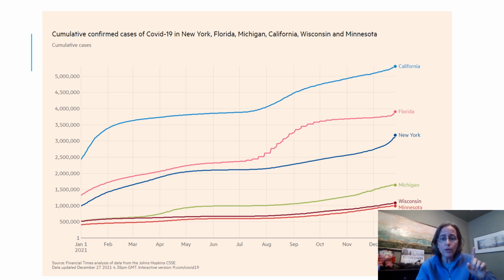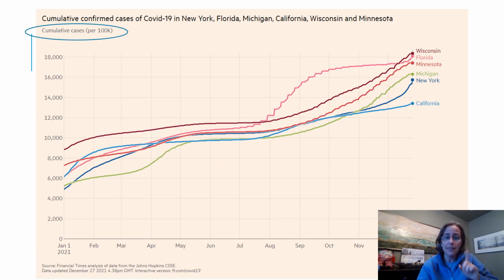So if you control for the population, if you look at the rate rather than the total numbers, what you're going to see is this. So in this one, we're looking at cumulative cases, and it's usually out of every 100,000 people. That's usually the denominator they look at. And you can see that when we actually control for the population, when we look at the rate, the incidence rate, California was looking really good, and Wisconsin not so good.